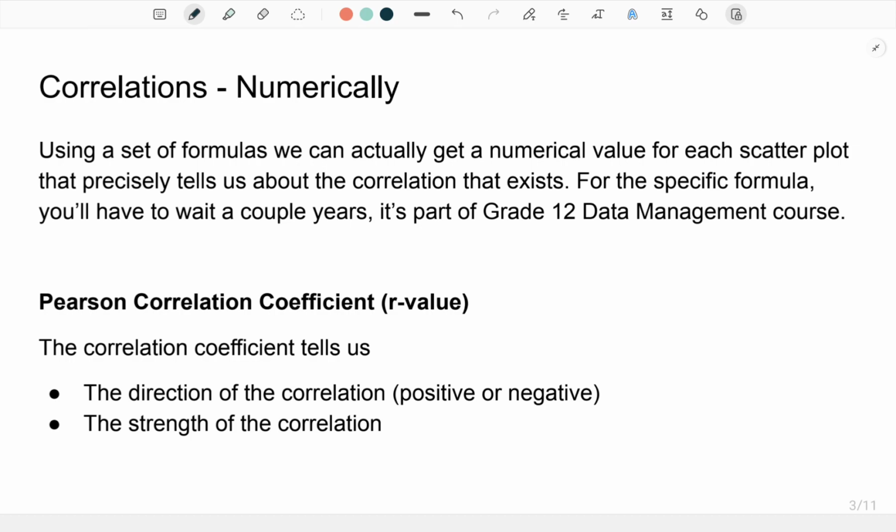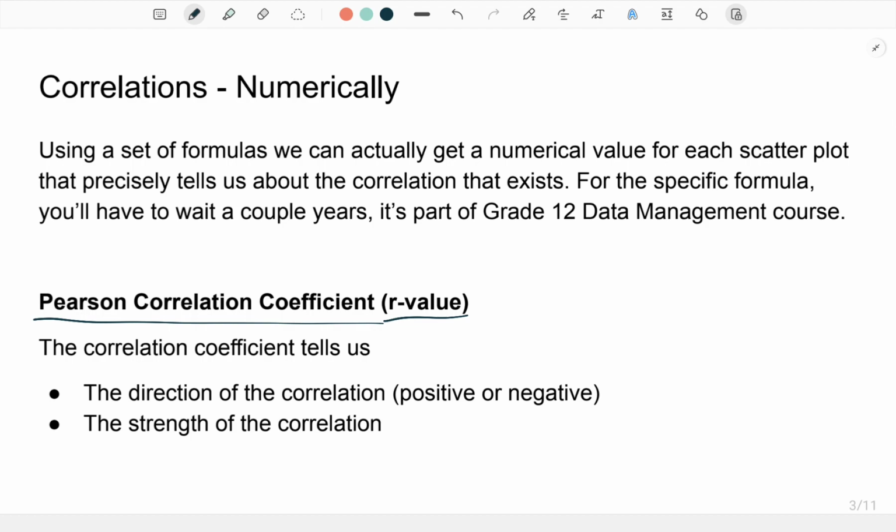So wait a few years and you can then have some fun with that formula. For now, we're just going to let technology do the work for us. What we call this special numerical value is the Pearson correlation coefficient. Pearson's just the person who came up with this value. And more often, we just refer to it as the R value.